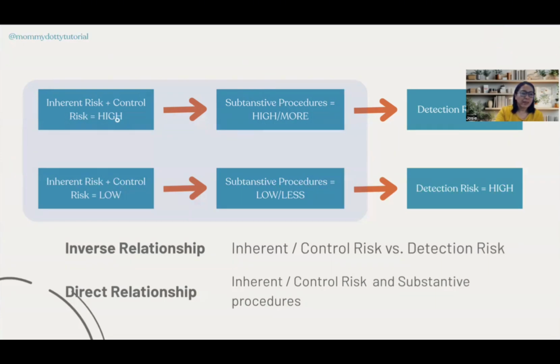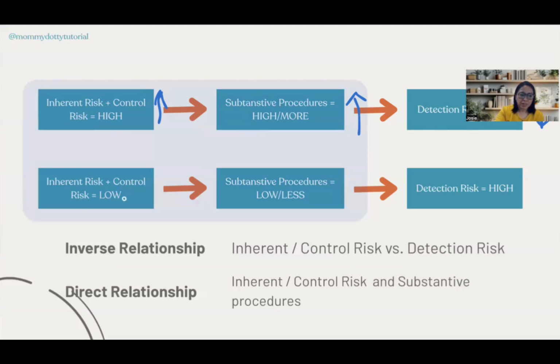So inherent risk and control risk are high. Sorry, my arrow is not good. Then detection risk goes down. The auditor can accept a low level of detection risk.